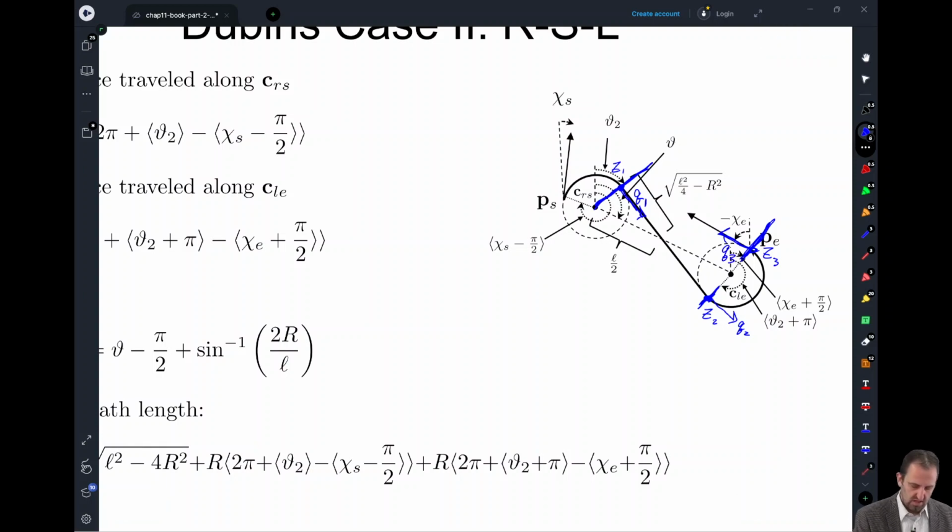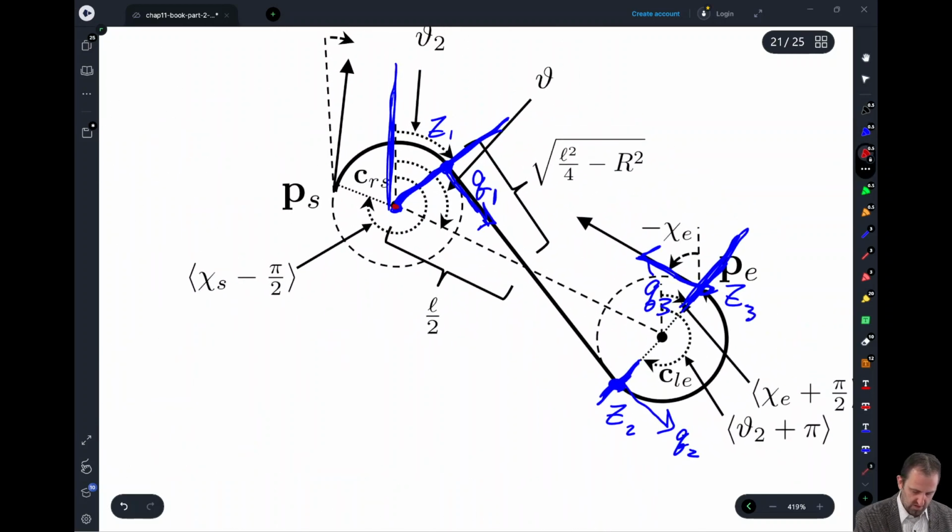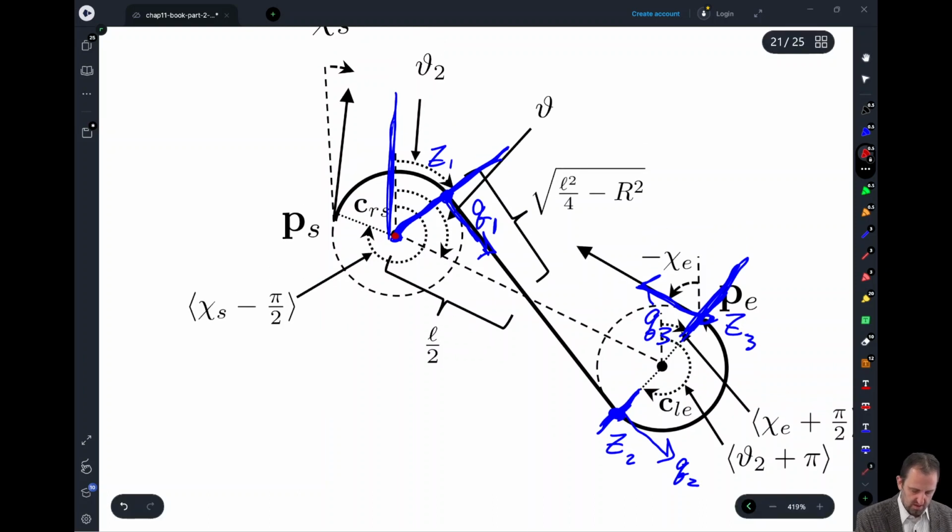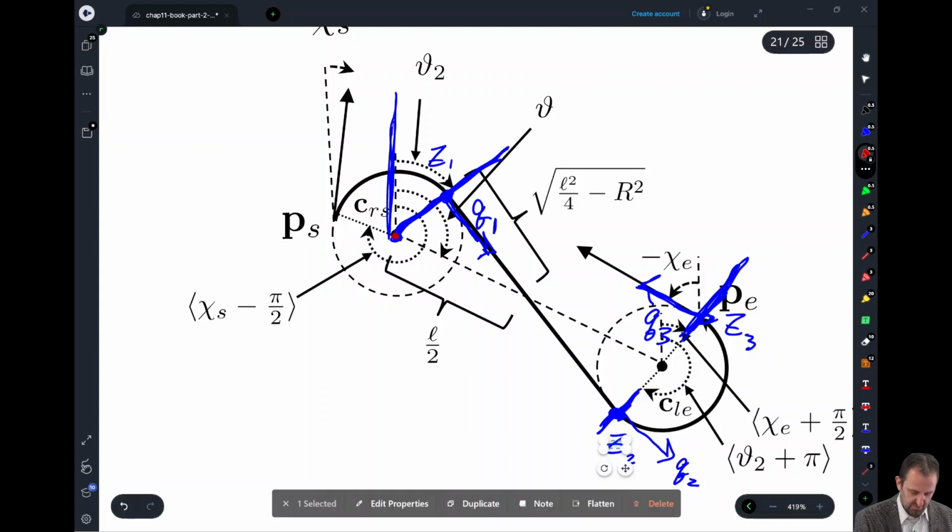Okay, so let's start defining things. We know again where the center point is.